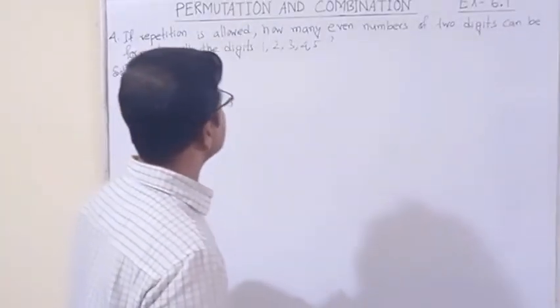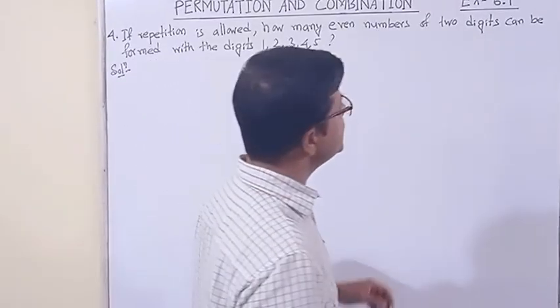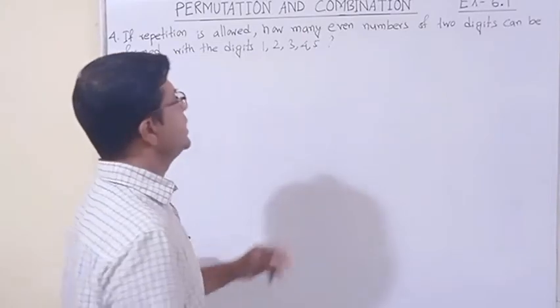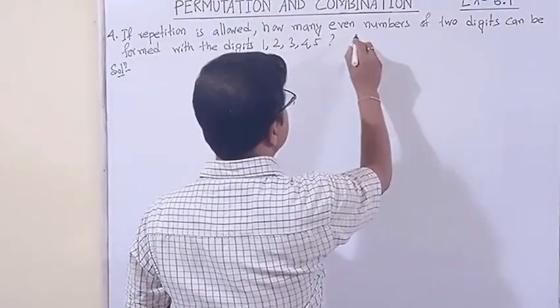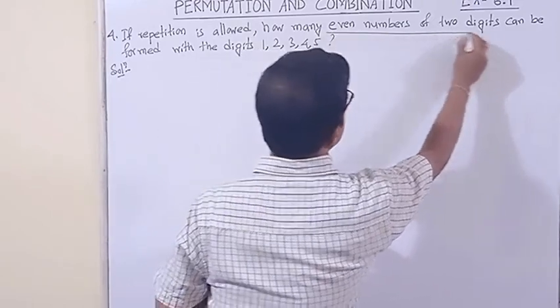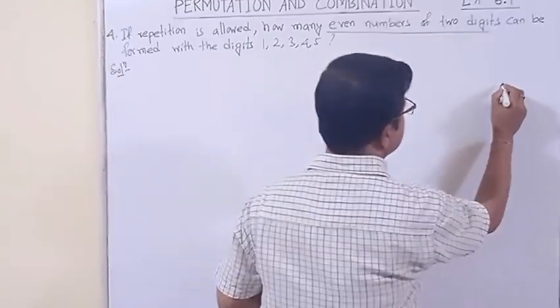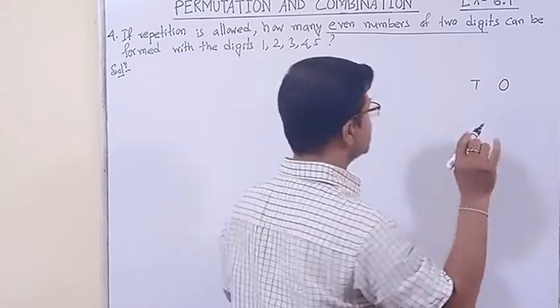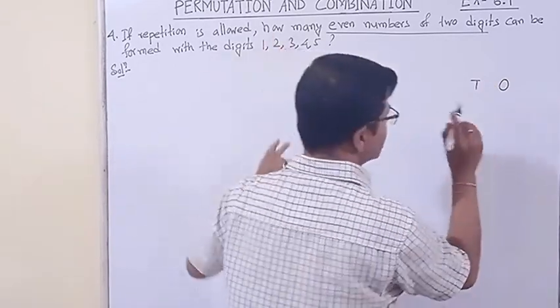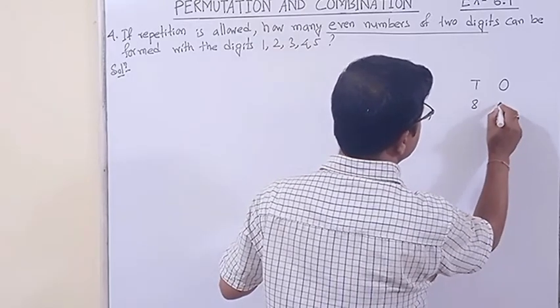If repetition is allowed, how many even numbers of 2 digits can be formed with the digits 1, 2, 3, 4, 5? Now you have to be careful here. The number we obtain, an even number of 2 digits, has only a ones place and a tens place. Suppose one example is 86.